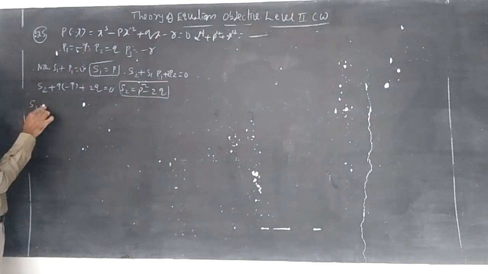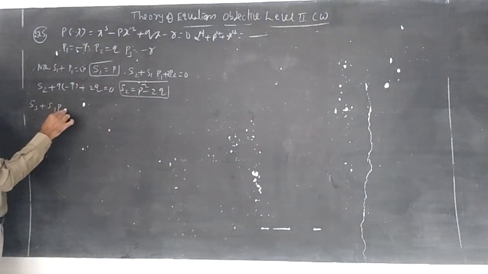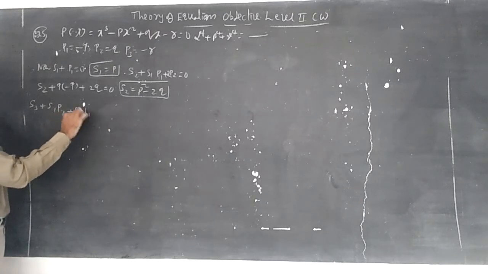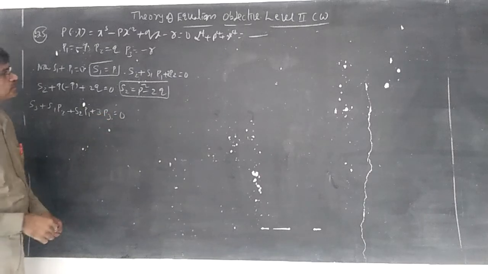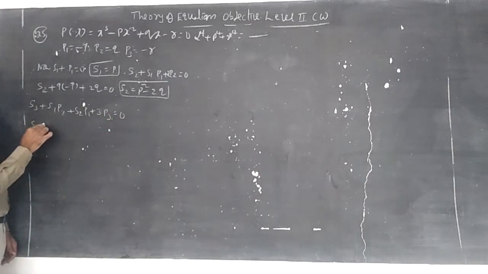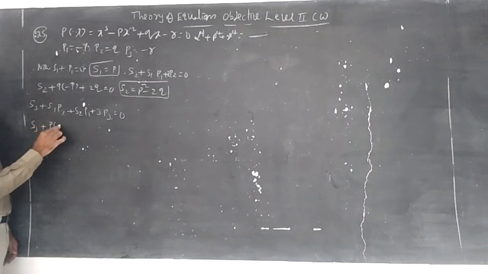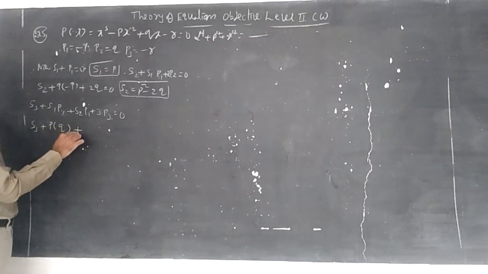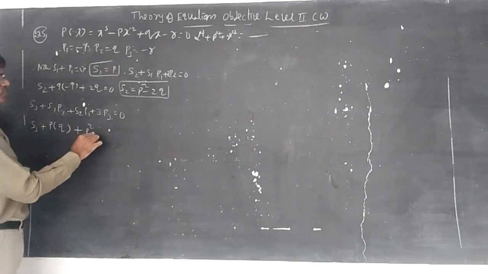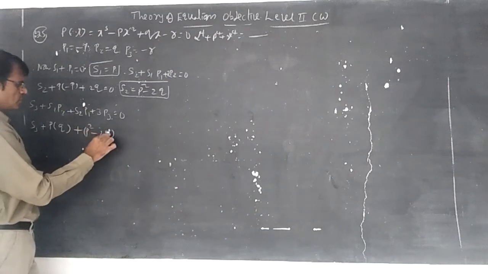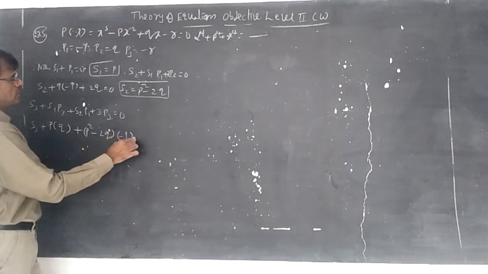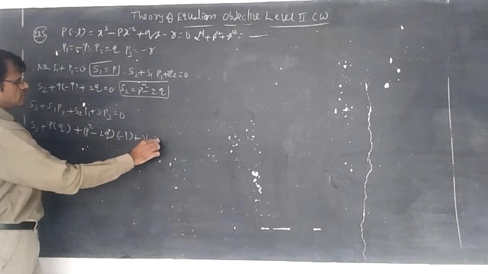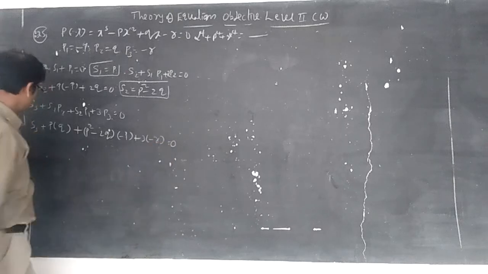And write the formula S3 plus S1 P2 plus S2 P1 plus 3P3 equal to 0. So S3 plus S1 means P into P2, P2 means Q, plus S2 means P square minus 2Q into P1 means minus P, plus 3P3, 3 into minus R equal to 0.